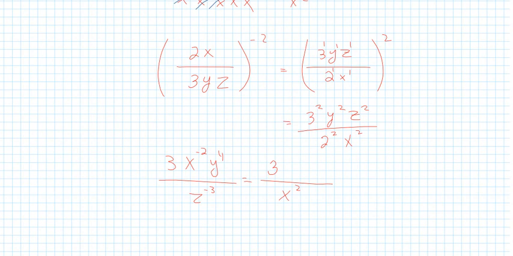How about the y to the power of 4? It stays there because it's already a positive exponent. And then the z to the power of negative 3 has to come to the numerator and become positive. So they change their location from numerator to denominator or vice versa if they have negative exponents.